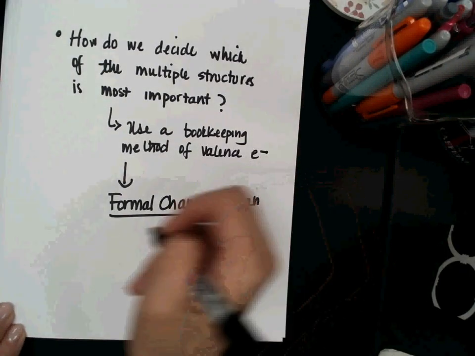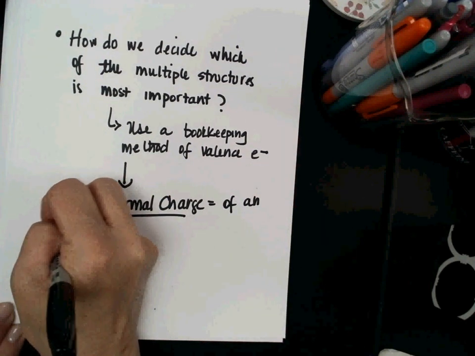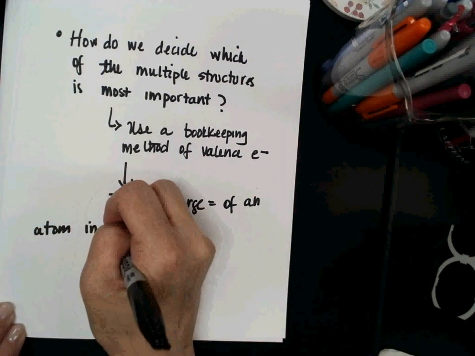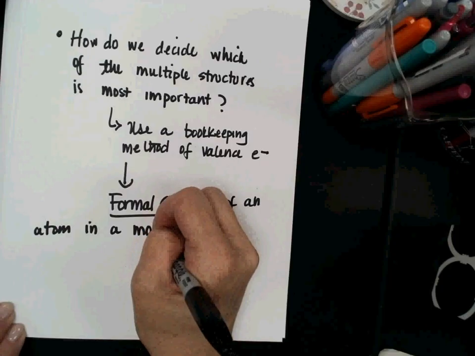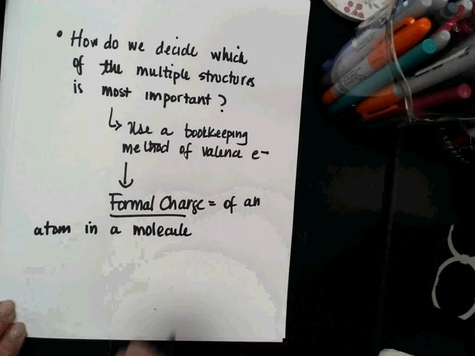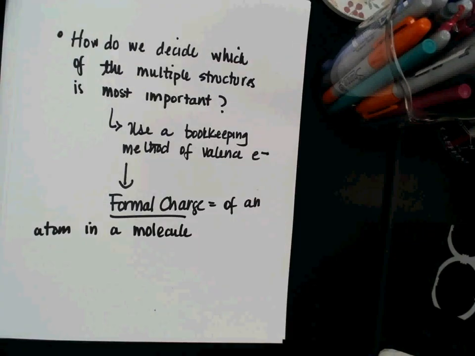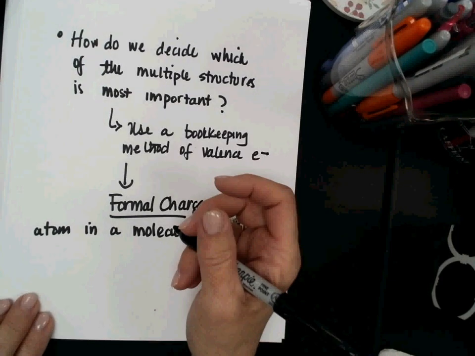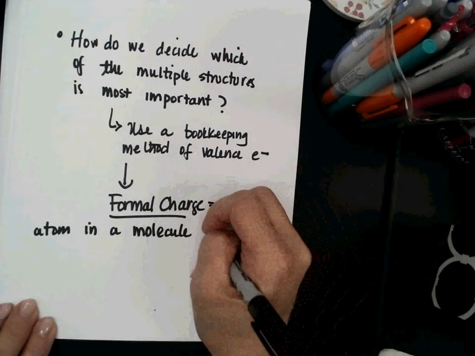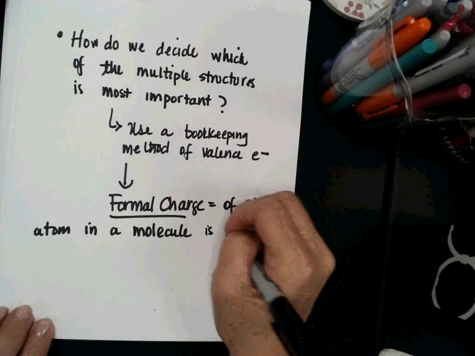And I will give you a definition for formal charge. We'll say the formal charge of an atom in a molecule. So we have to realize when I say that much that we're talking about each piece of the compound or of the molecule or of the polyatomic ion.